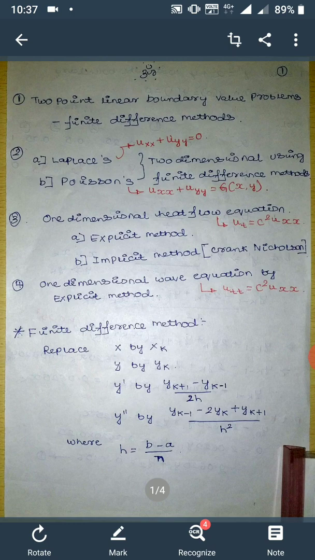Here we can see that x has to be changed by xk and y has to be changed by yk.